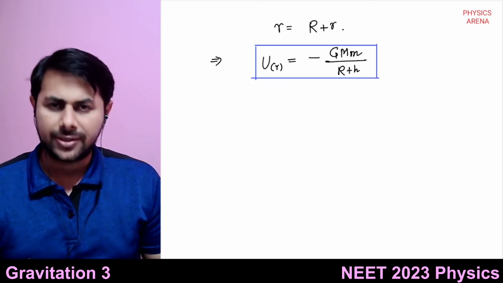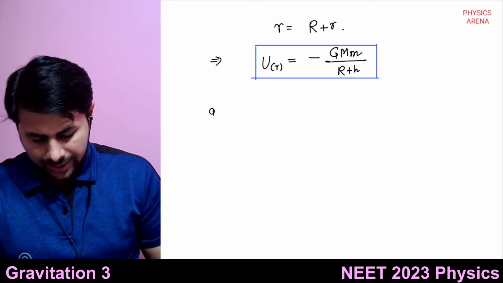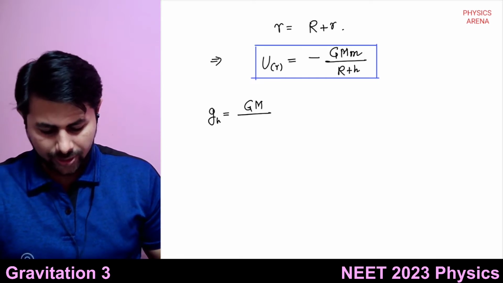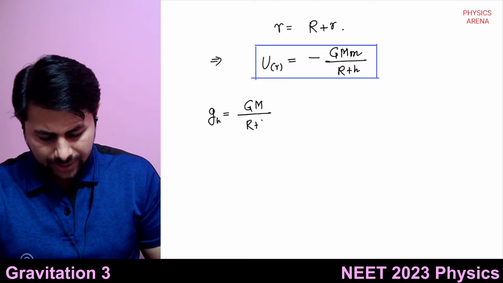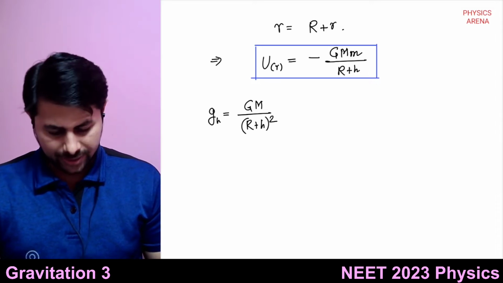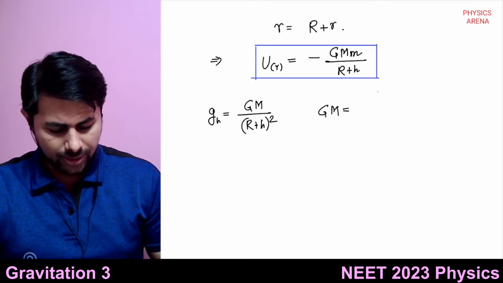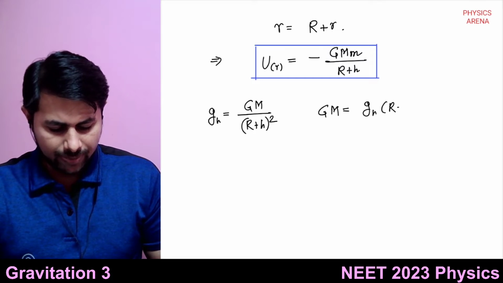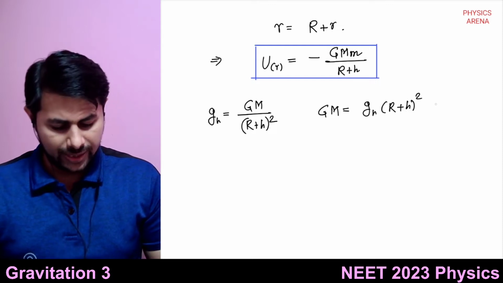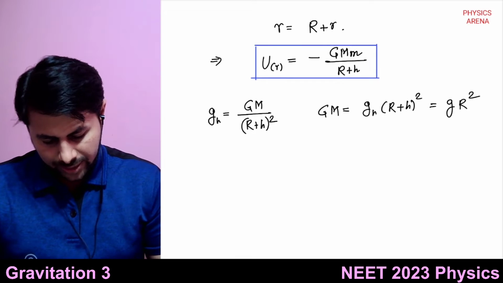In gravitation there is a useful trick. We know that g_h is equal to G times M upon (R plus h) square. We learnt about this yesterday, right? So we can write GM is equal to g_h into (R plus h) square, or when h is equal to 0, it is just g multiplied by R square. So we can substitute that here.